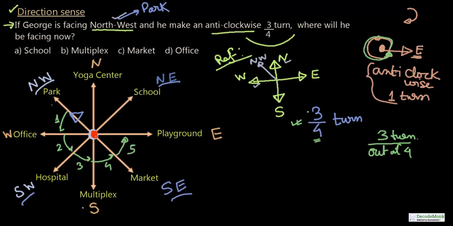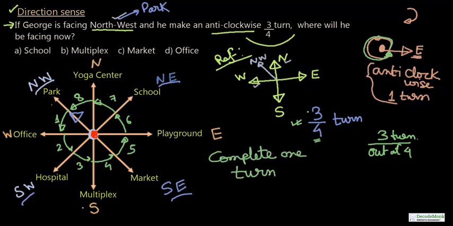Moving further, 6, 7, 8. So one complete turn equals 8 small turns.